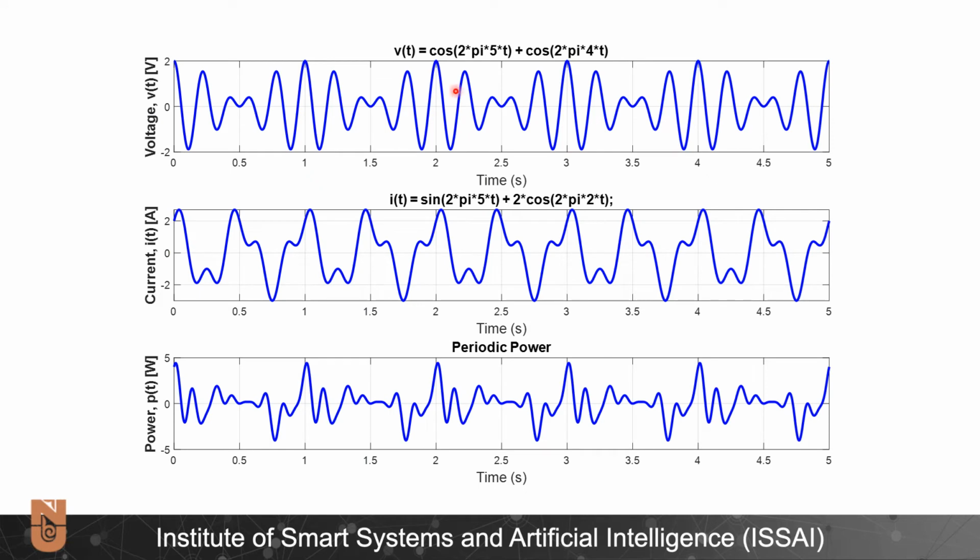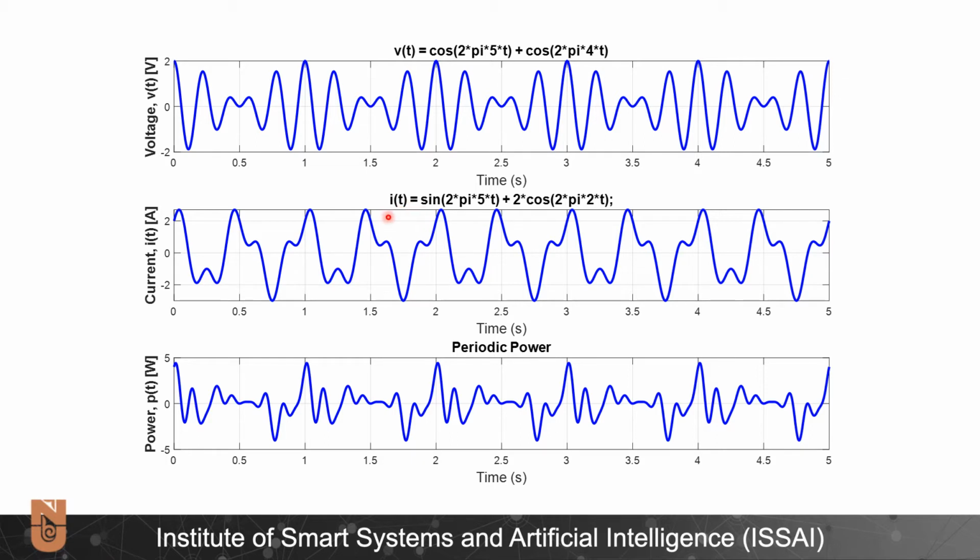Let us see whether this is the case for more complicated voltage and current waveforms. Here, for the voltage, we have the summation of two different sinusoidals with different frequencies, 5 Hz and 4 Hz. As you can see, we have a periodic waveform, but it just has a complicated shape.